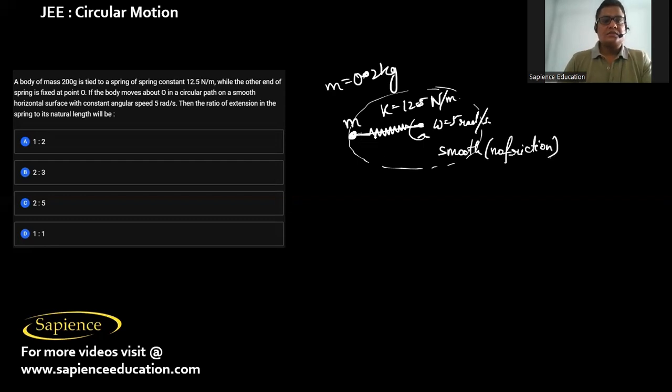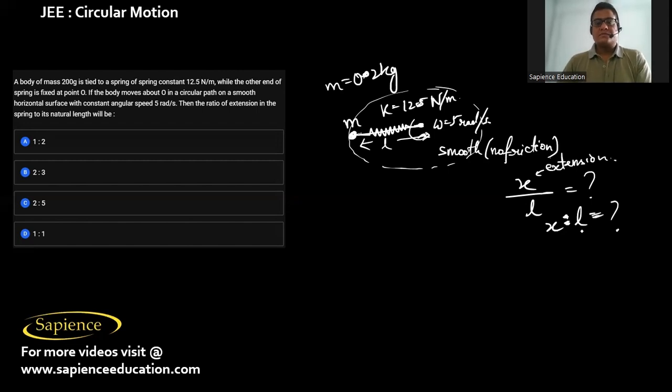The ratio of the extension in the spring, let's say the extension is x, to its natural length L, that we have to find out. So x by L is what we have to find out. X is the extension in the spring and L is the natural length of the spring.